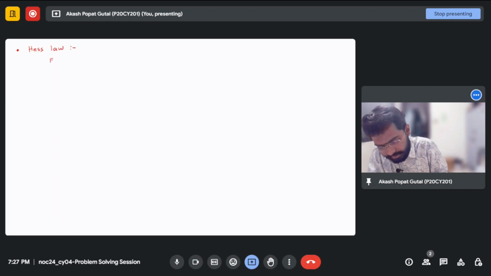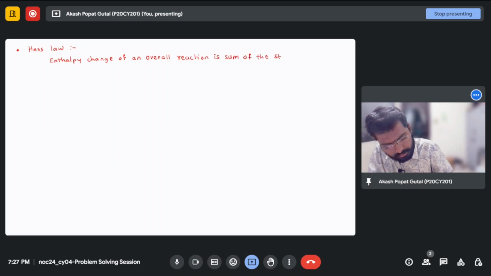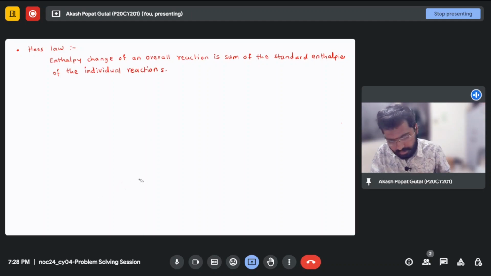What Hess law says is that the enthalpy change of an overall reaction is the sum of the standard enthalpies of the individual reactions. So this is termed as Hess law.